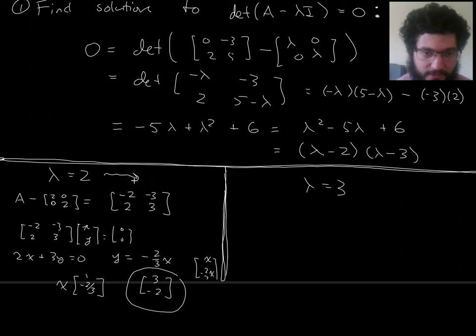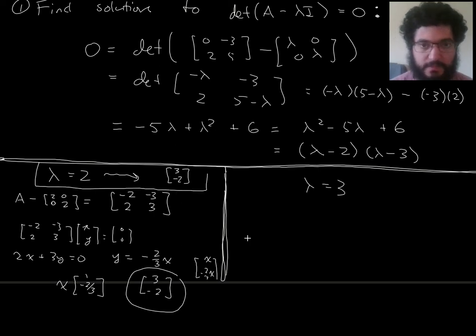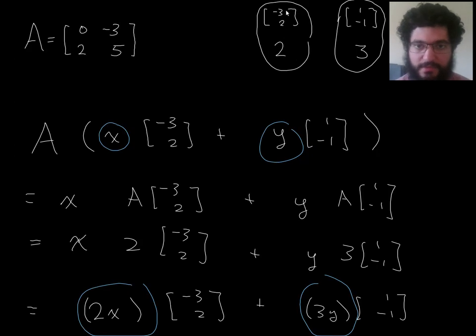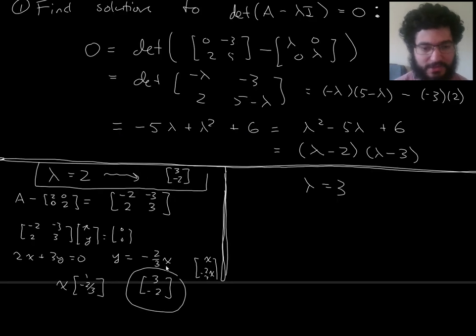So from lambda equals 2, we examined the null space of A minus 2 times the identity, and we found this non-zero vector in there, 3, negative 2. And is that what we had? Well, we had -3, 2, but that's just a scalar multiple, right? If I chose x equals -3 here rather than x equals 3, I would have gotten -3, 2.